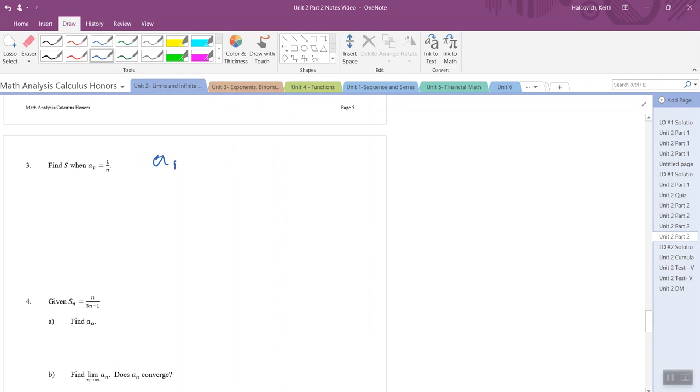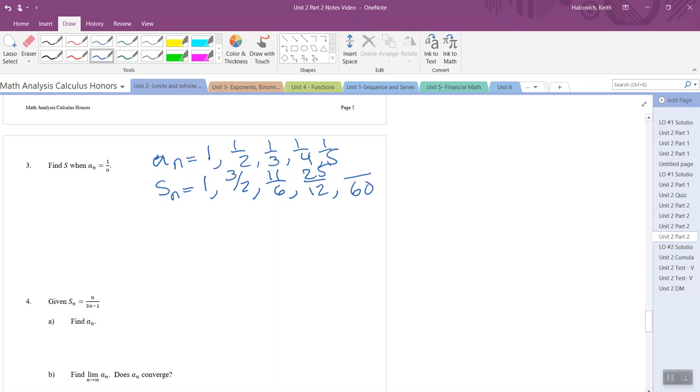So the first 5 terms are 1, 1/2, 1/3, 1/4, 1/5, and then the sum is 1 plus 1/2 is 3 halves. 3 halves plus 1/3, that would be 2/6 plus 9/6, which would be 11/6. 11/6 plus 1/4 will then give us 22/12 plus 3/12, which is 25/12. 25/12 plus 1/5 is something over 60. So 125 plus 12 is 137 over 60.